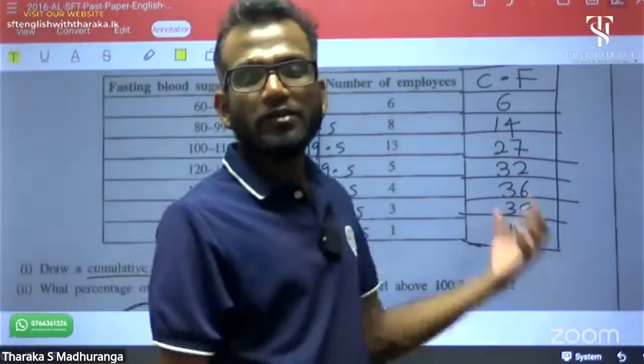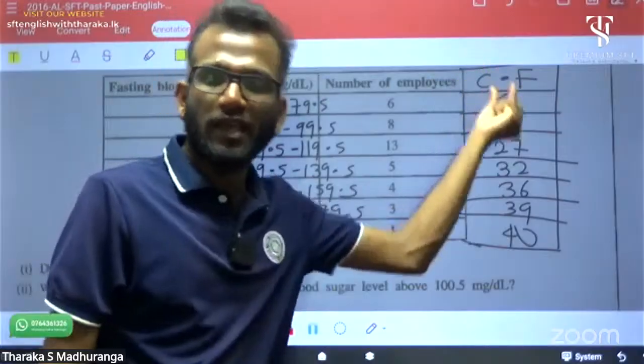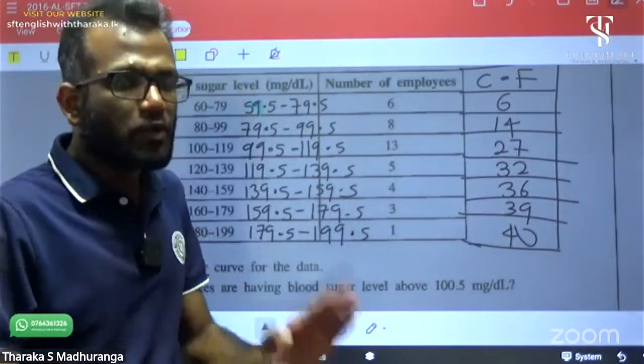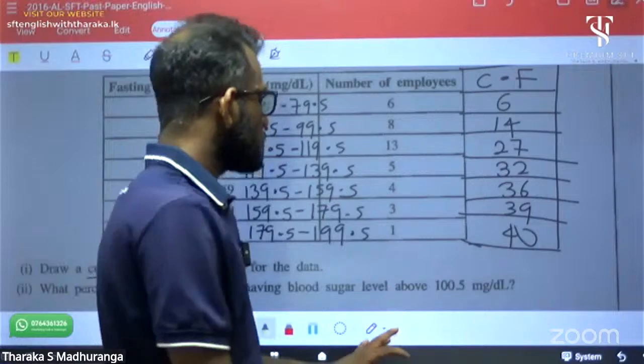Okay, they are the class boundaries, they are the frequencies, and they are the cumulative frequencies. Now I am going to draw the less than cumulative frequency curve.